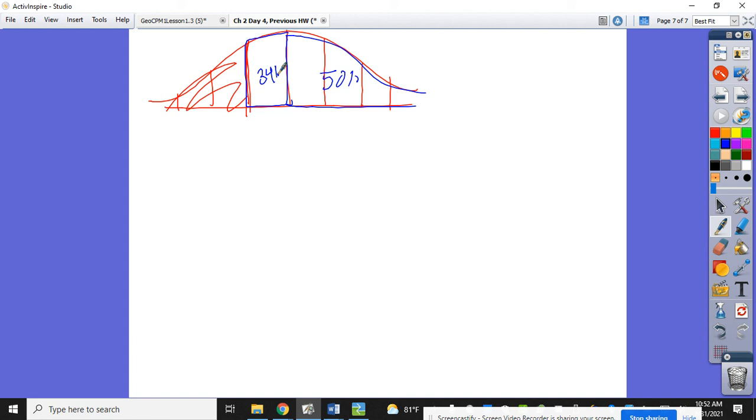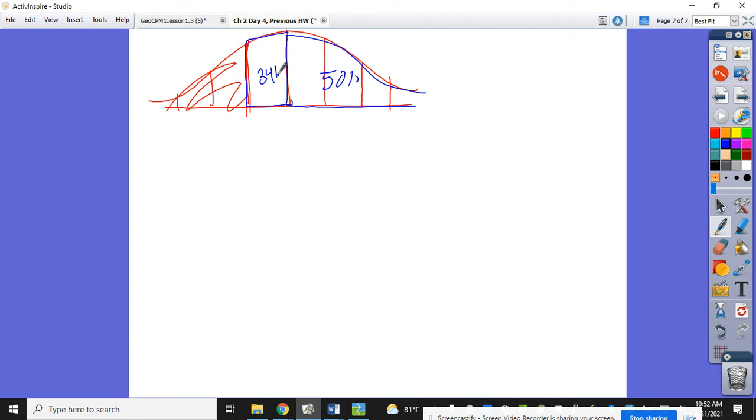Proportion of observations from a standard normal distribution with values to the left of 1.15, which means how much of the graph am I shading? To the left of Z equals 1.15. More than half. So if there's any answer there that's not more than half, you shouldn't even look at it. What is our Z value?